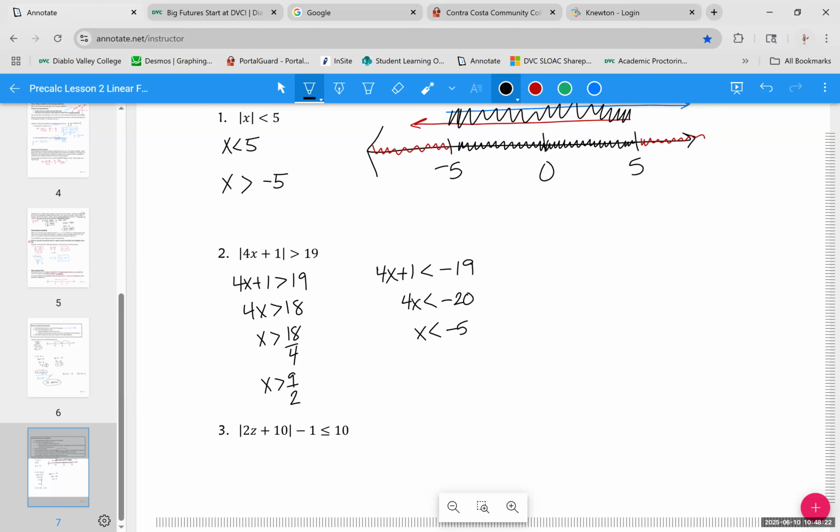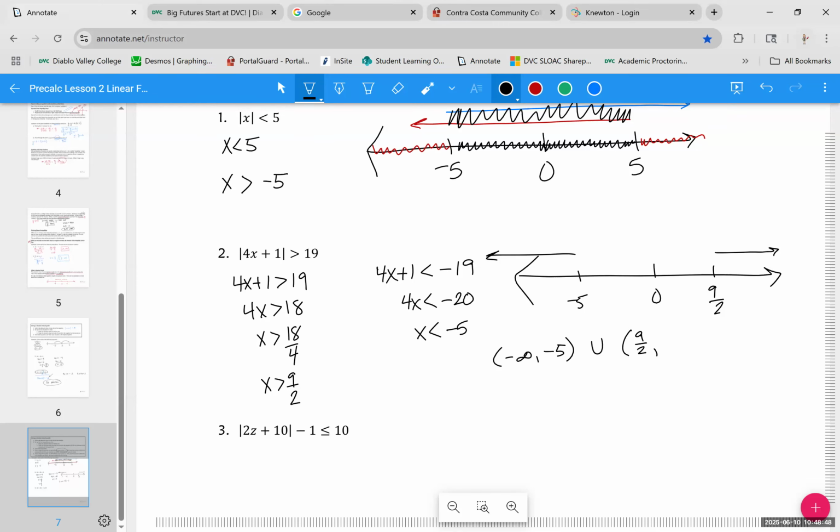So now, if I were to visualize that on a number line, 9/2, and I want everything greater, and -5, and I want everything less. You'll notice there isn't even an overlap there. So my answer would include both. It would include this one, and remember our union symbol that we used in the last lesson? This would be my final answer, where it would include both of the inequality intervals that I found.